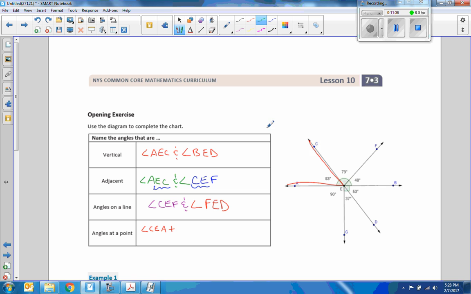So I'd say angle CEA plus angle AEG plus angle GED plus angle DEB. Still not there yet. Plus, more colors here. Let's see.